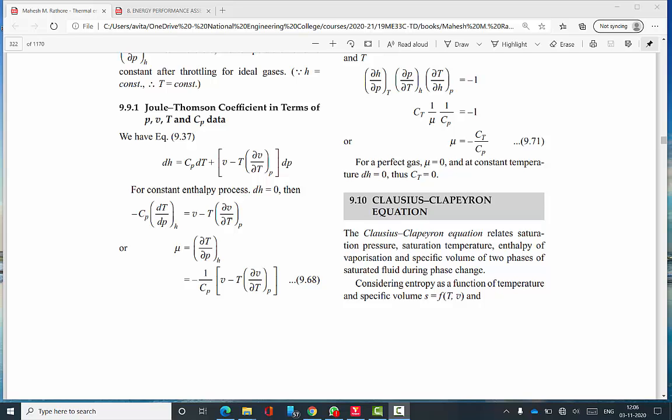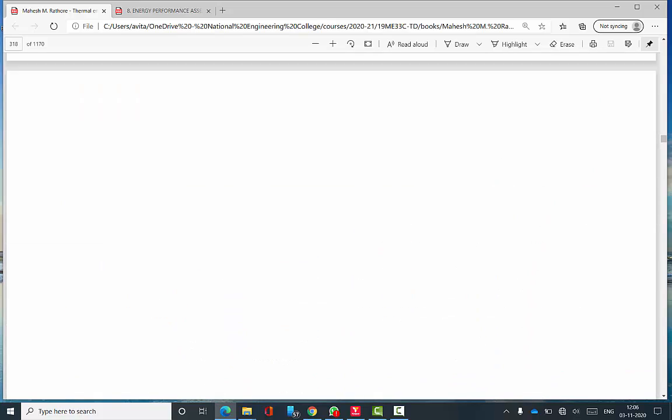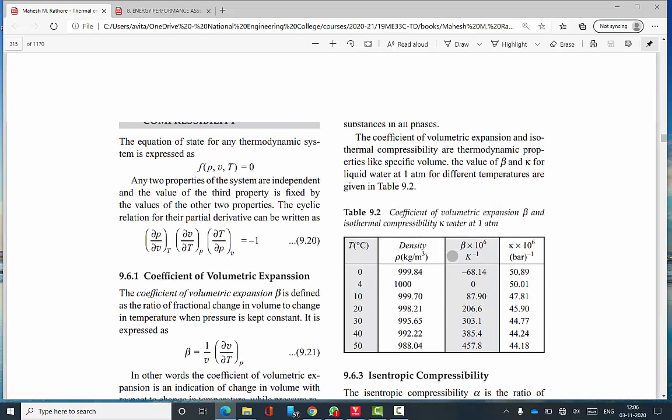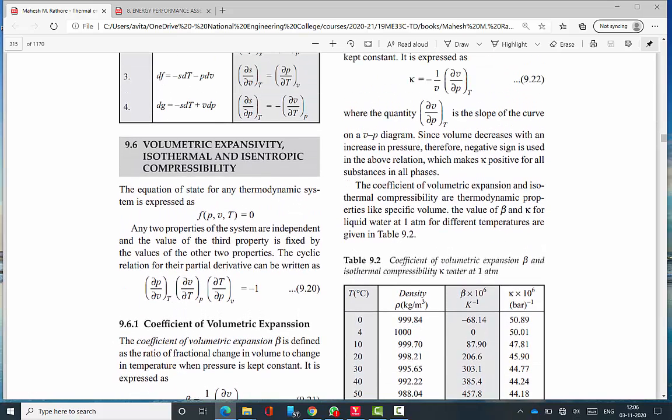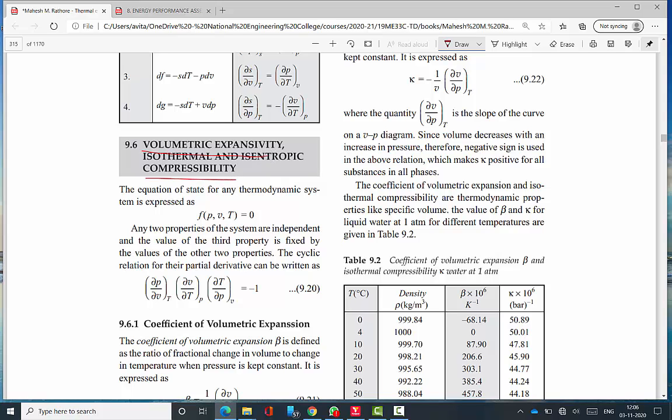The first ones are the volumetric expansivity, and isothermal and isentropic compressibility. Those are the main headings.